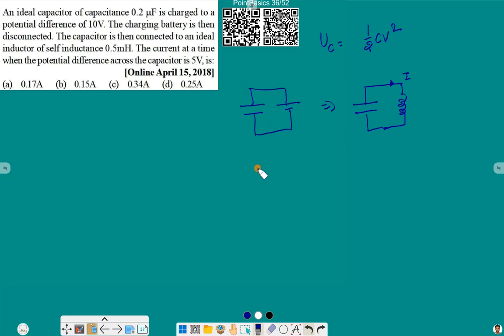So in this system the total energy stored on the capacitor is half C V square, and in this system the total energy is half C V dash square, that is the final potential, plus half L i square, the energy stored in the inductor. So the half gets cancelled. From this we can write that C into V square minus V dash square is equal to L i square.